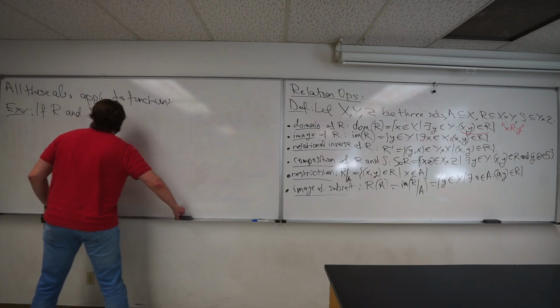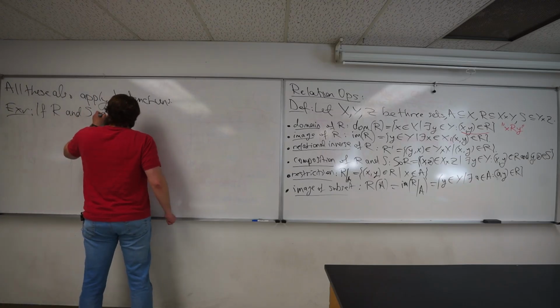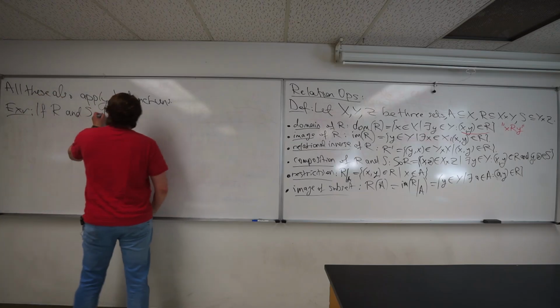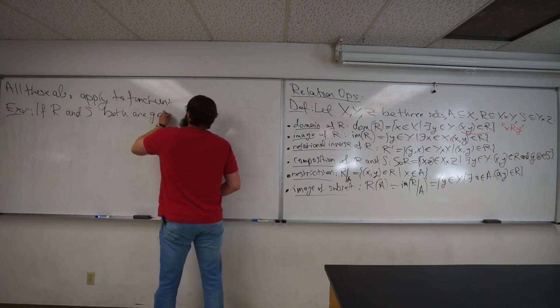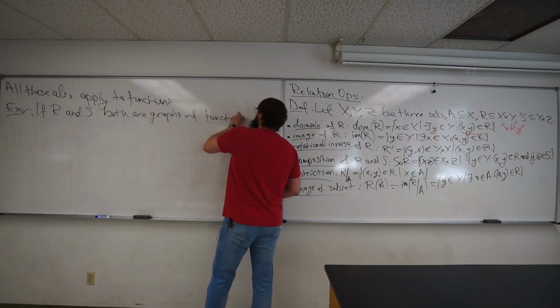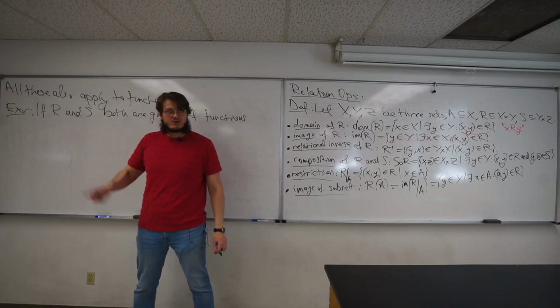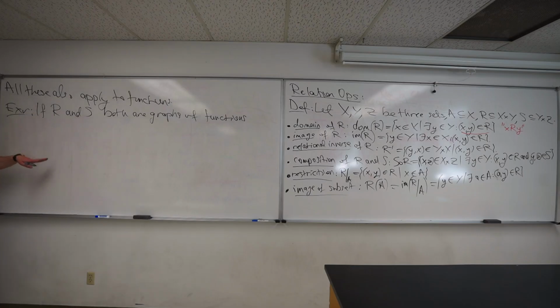If R and S both are graphs of functions, what does this mean? Remember, this is a specific technical term. It's this abstract vertical line test. I'm saying R and S both satisfy the abstract vertical line test.